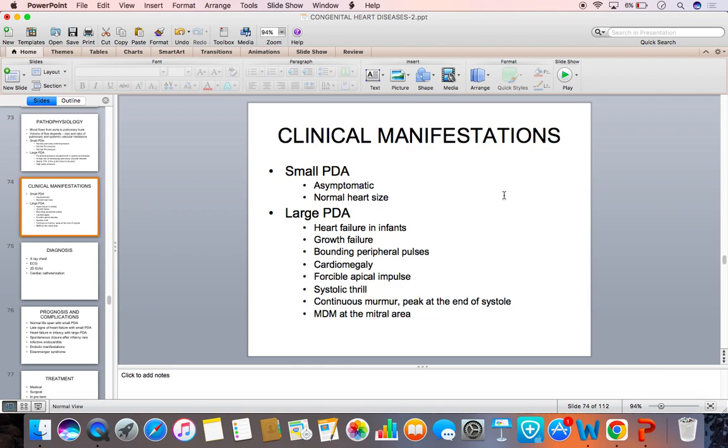You can appreciate a mid-diastolic murmur in the mitral area, indicating increased flow across the mitral valve from left atrium into the left ventricle. This is indicative of more than 2:1 pulmonary to systemic flow ratios.